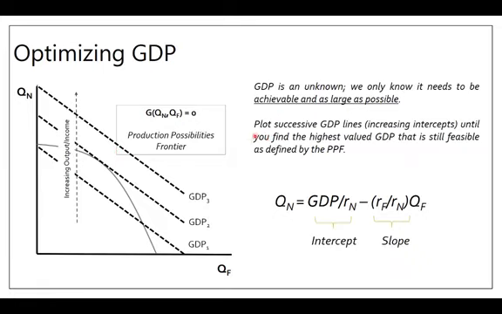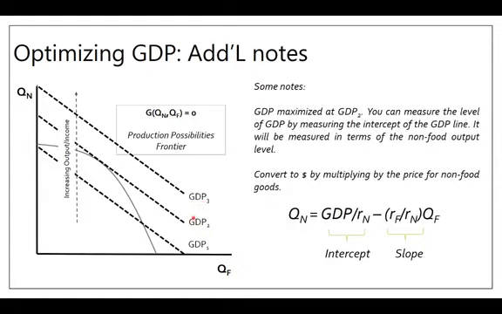And since it's an unknown, we're choosing among these. So I've drawn 3 here, 1, 2, and 3. You plot the successive ones, and it turns out GDP2 is the best, right? So it's still touching this. It still meets our feasibility criterion, and because it's the highest one that still meets that criterion, you might notice that it's tangent to the PPF there, then it must be efficient on our economic criteria. So GDP is maximized at GDP2.